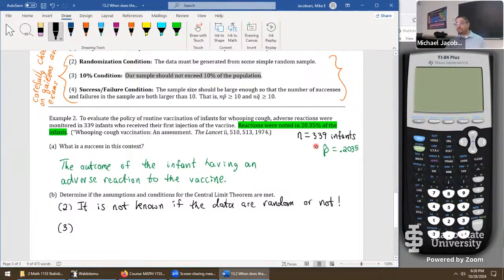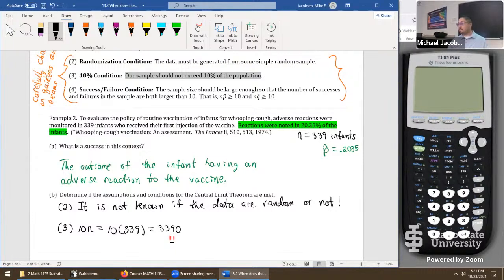So take the 339 infants, multiply it by 10, so it's now 10 times 339 equals 3,390. And if this condition fails, the 10% condition, it would be because the population is at that size or smaller. But what is the population in this situation?